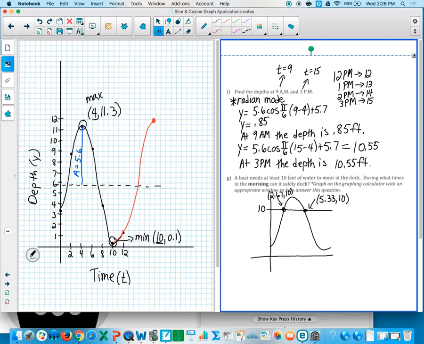And to figure out an actual time, I just need to take that decimal and multiply it by 60 to figure out how many minutes. So I know it's going to be at 2 a.m. plus a little bit.